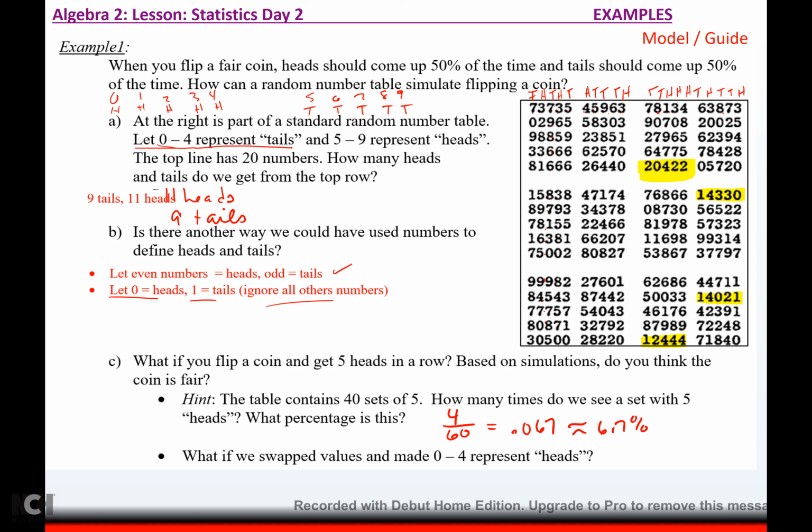I did all of this backwards. 0 through 4 was supposed to represent tails, and 5 through 9 was supposed to represent heads. That's where my numbers got messed up here. I apologize. So these are all backwards. 7s, it would be a head, tail, head, tail, head.